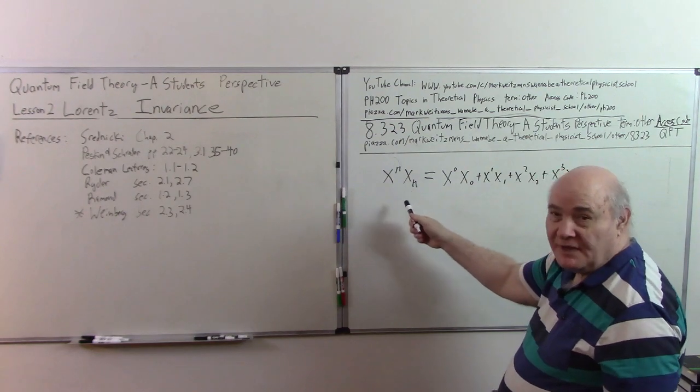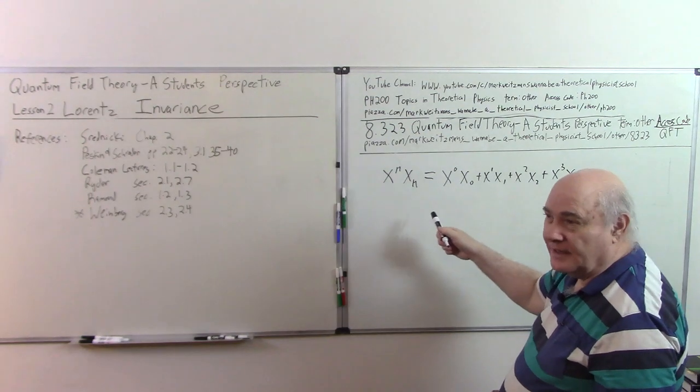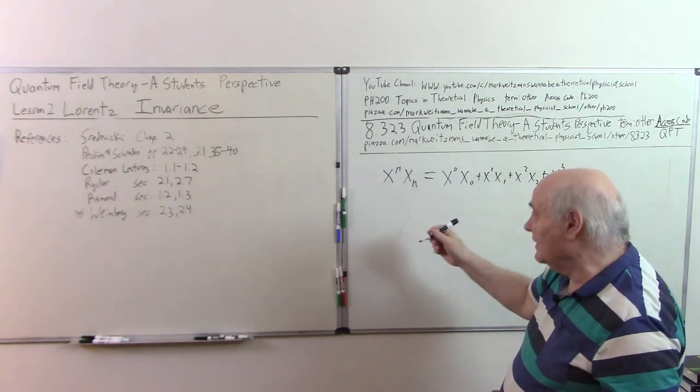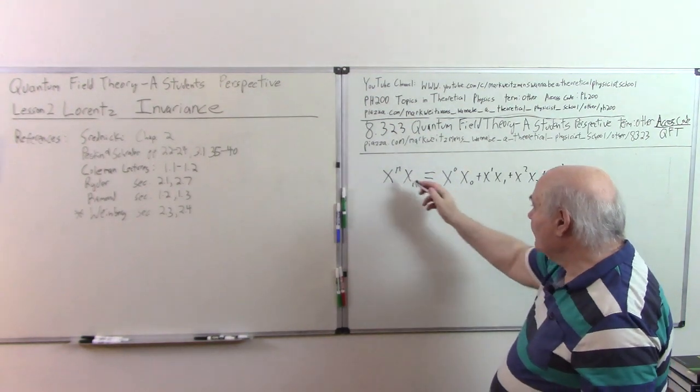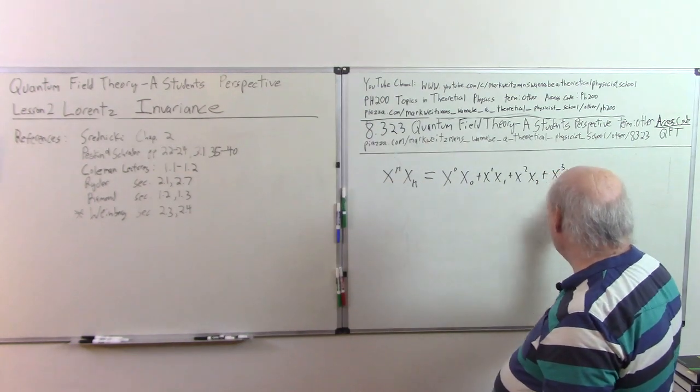If you have two up and one down in the same index, 99.9% of the time you've made a mistake. So usually you'll have only one up index and one down index, and it just means to sum.